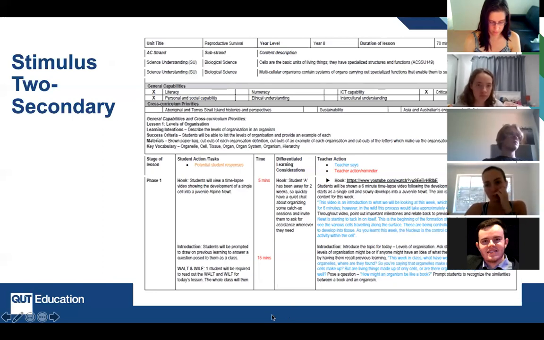Excellent. Anything else? They took note that a student had been away for 2 weeks, so they planned on catching them up as well. Yeah. So again, differentiating. So looking not just at the whole group, but at individual students as well.